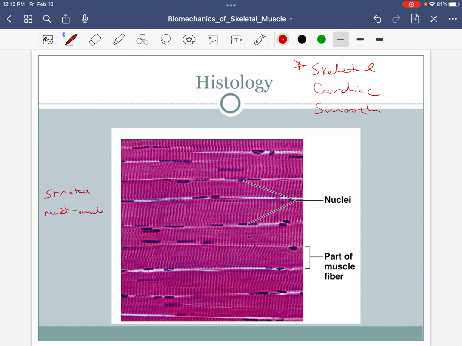Skeletal muscle tissue is multinucleate. I don't need to say what that means, do I? Has many nuclei. That's important. And unlike both of the other muscle tissues, skeletal muscle is the only muscle tissue that is voluntarily controlled. You voluntarily decide when you're going to contract your biceps brachii. Not true for your cardiac muscle. That occurs involuntarily.